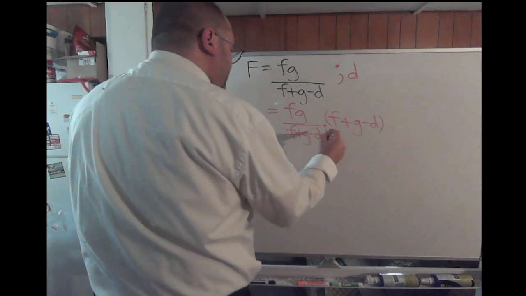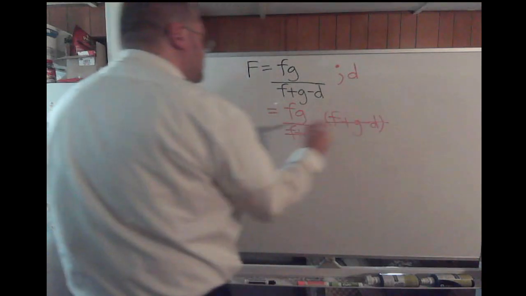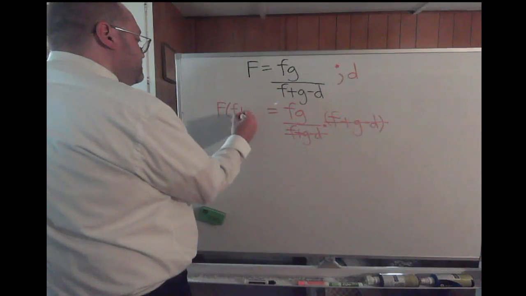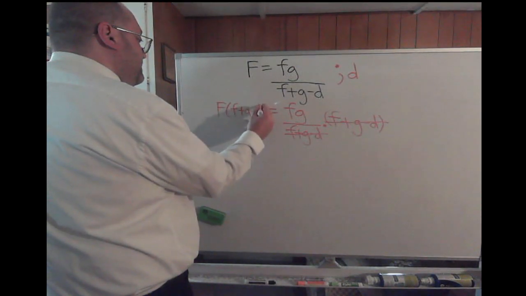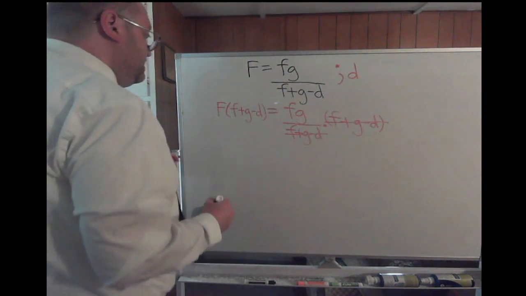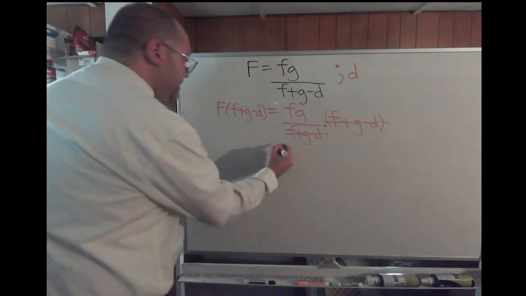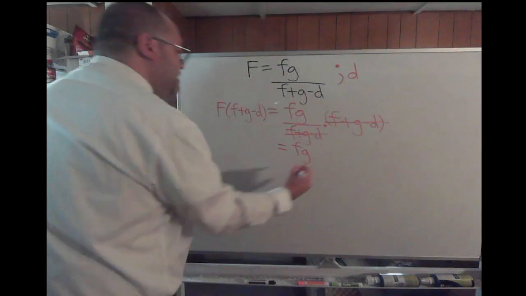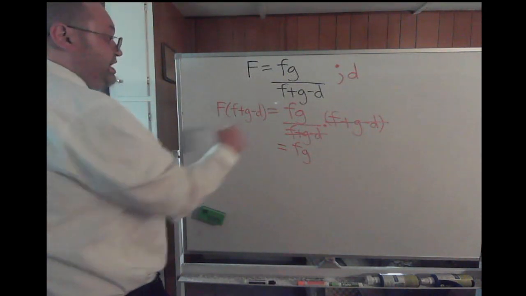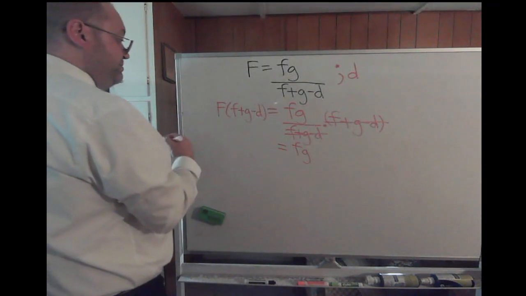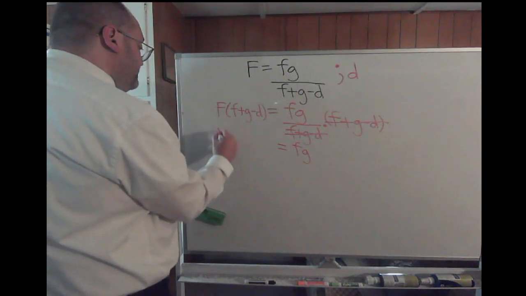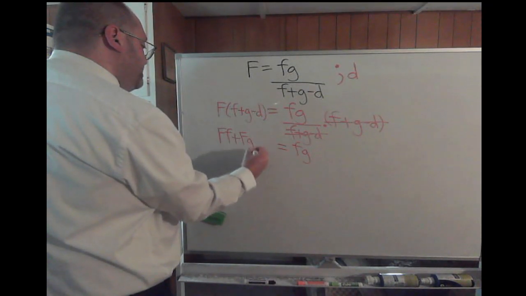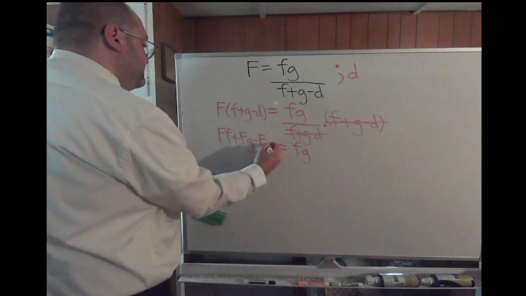You'll see that the F plus G minus D's cancel out, but you've got to do it to the left side, so you'll take the F times F plus G minus D, which now on the right side, all you have is FG. Because we want to get D by itself ultimately, go ahead and distribute that big F. So you'll take big F times little f plus big F times G minus big F times D.